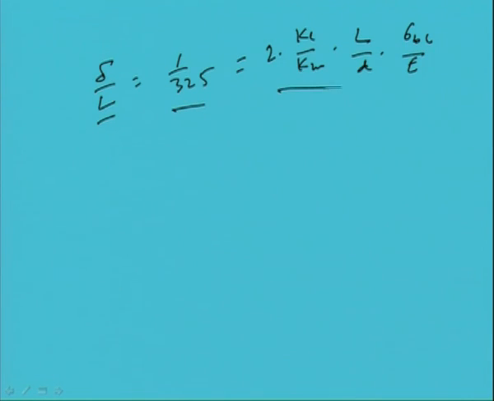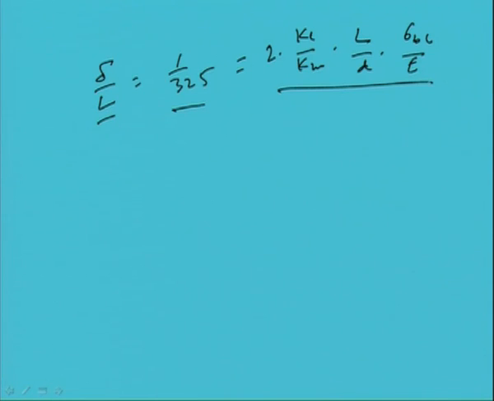Now, regarding this effective span of beam, if we consider delta by L as 1 by 325, and if we consider the previous expression, then we can write delta by L is equal to 2 into KL by Km into L by D into sigma BC by E, which we have derived earlier.